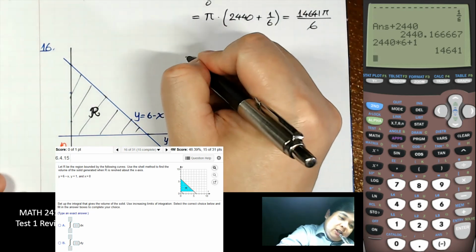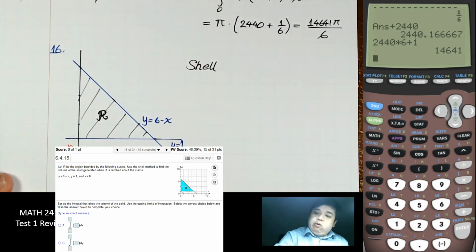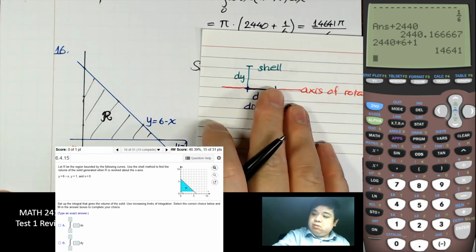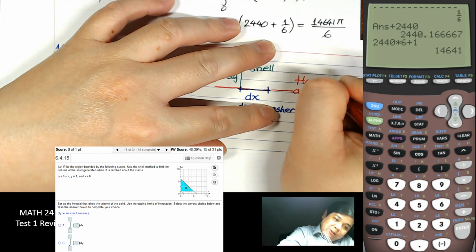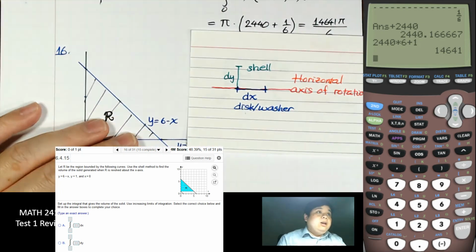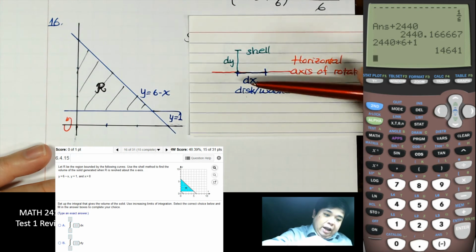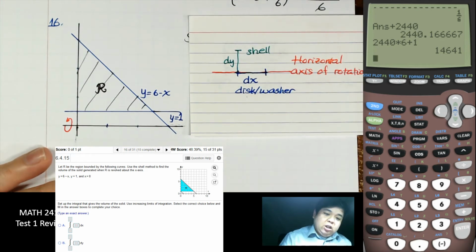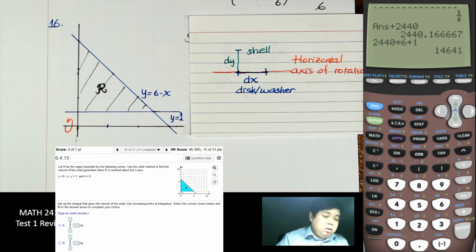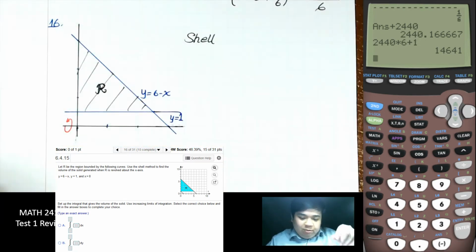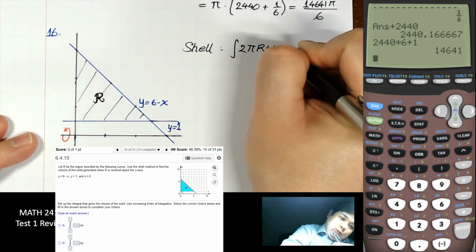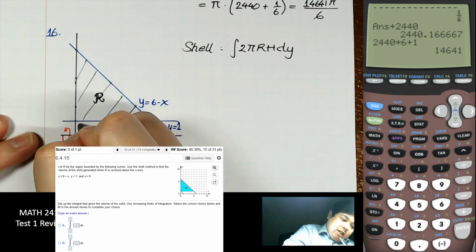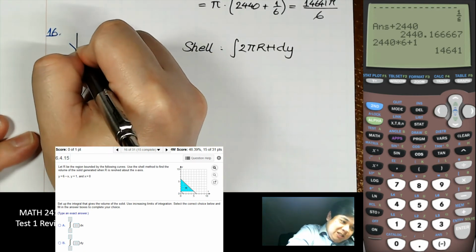So 2 pi rh, and we use dy, and it looks like the limit will be from 1 to 6.